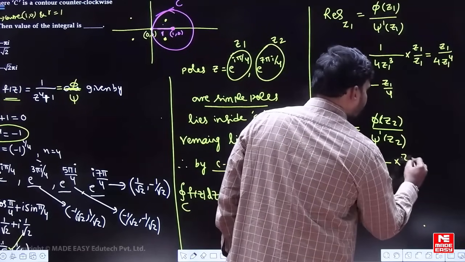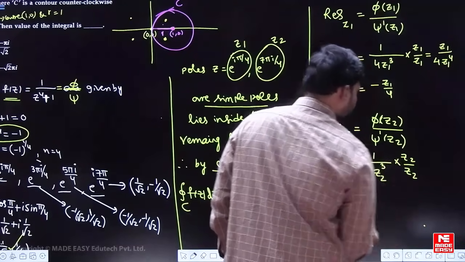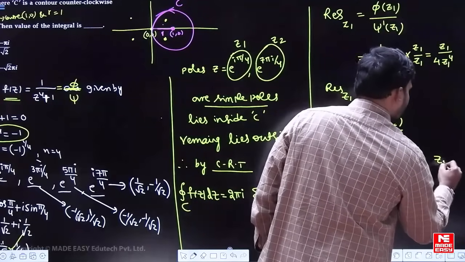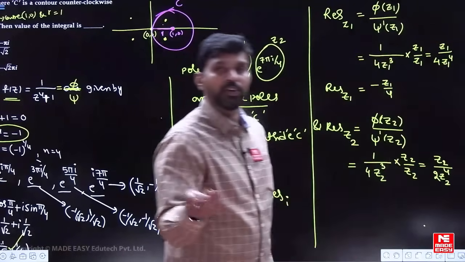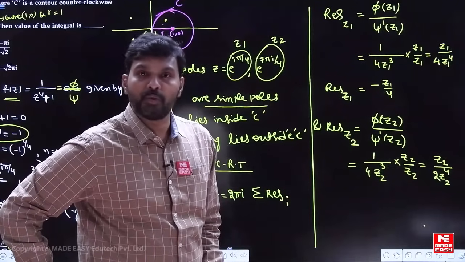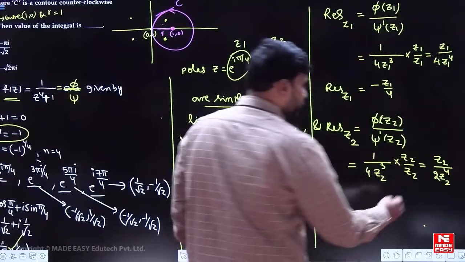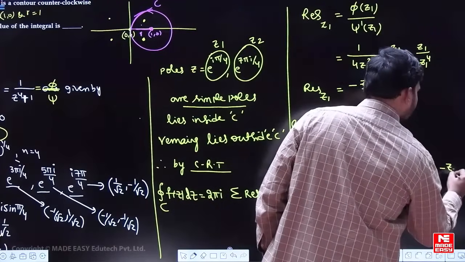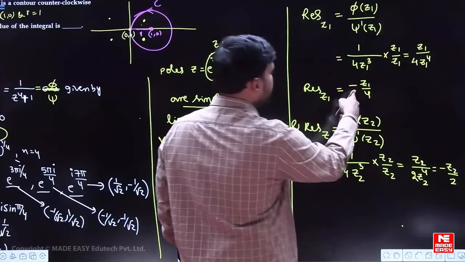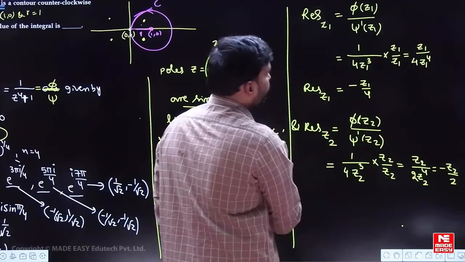But again multiply and divide by z2, which gives you z2 by 4 z2 power 4. But you know z2 power 4 is minus 1, so it is nothing but minus z2 by 4.